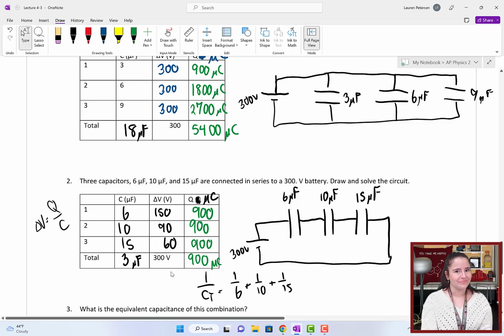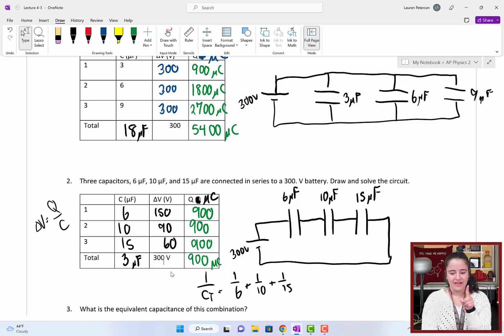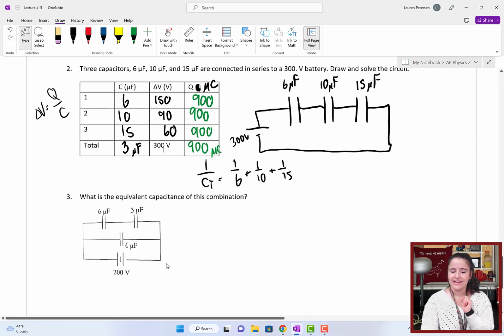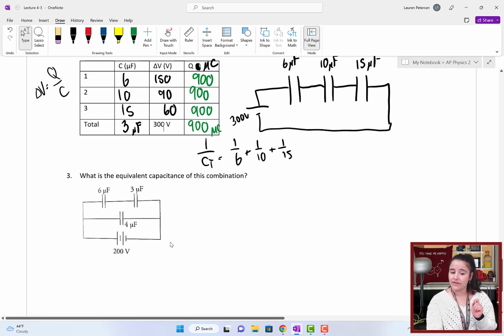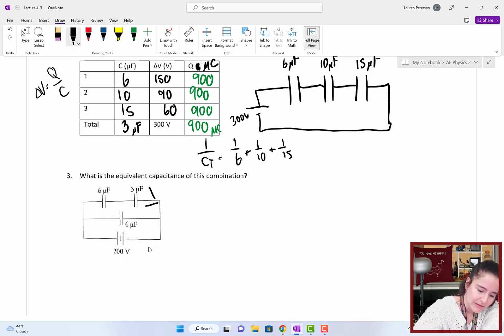Okay, cool. Now, last but not least, let's go ahead and solve for the equivalent capacitance of this complex circuit. In this one, we would first combine these two that are in series. We would have 1 over C total equals 1 over 6 plus 1 over 3.